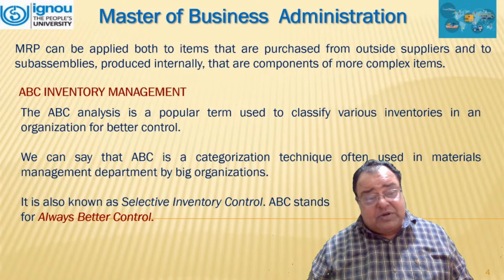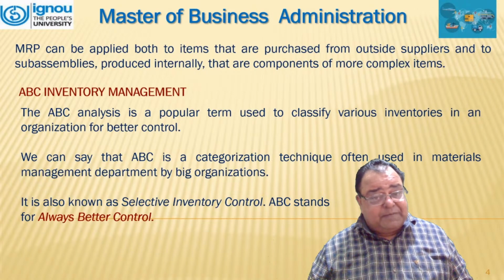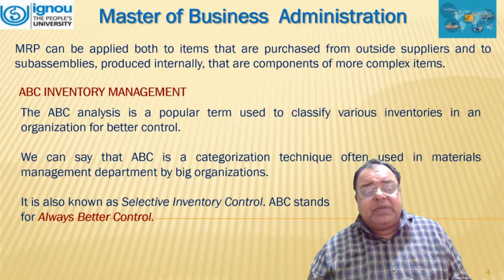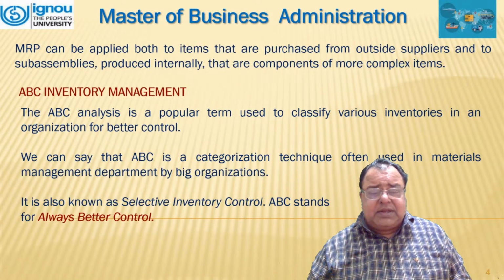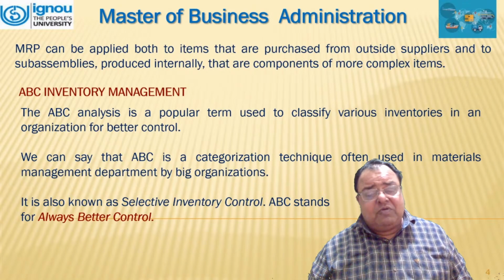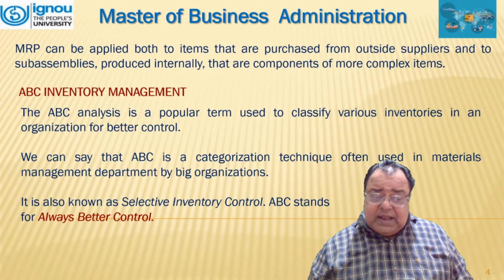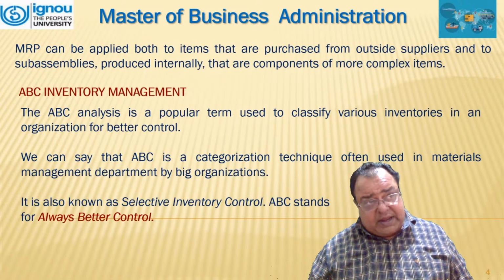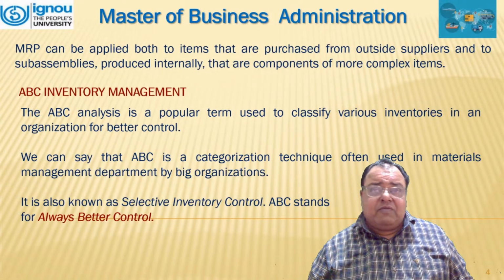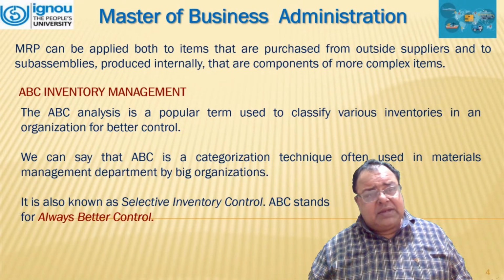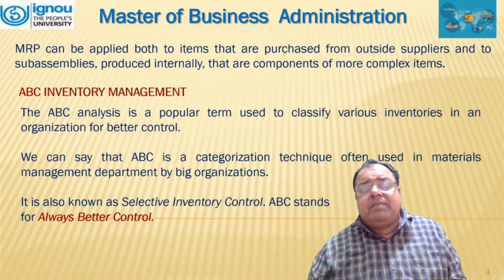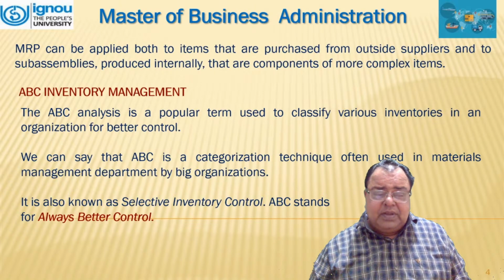Now, the most important part of this is ABC inventory management. The ABC analysis is a popular term used to classify various materials or inventories in an organization for better control. We can say that ABC is a categorization technique which is often used in the materials management department by big organizations.